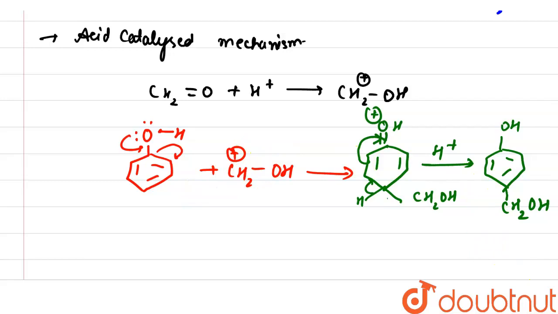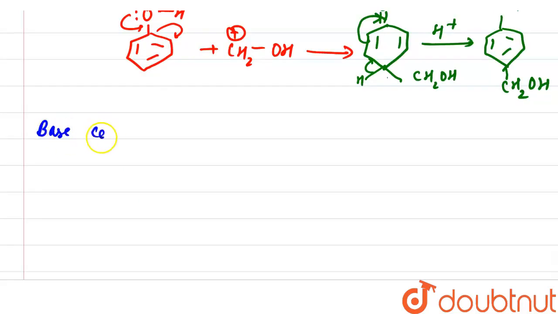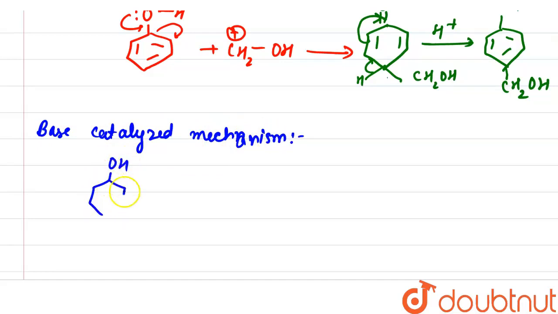Let us see the base catalyzed mechanism. Here phenol in the presence of base will form phenoxide ion, which is O negative here.